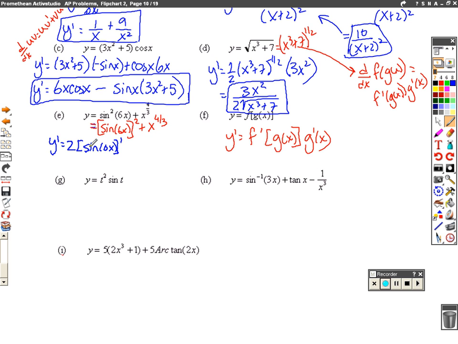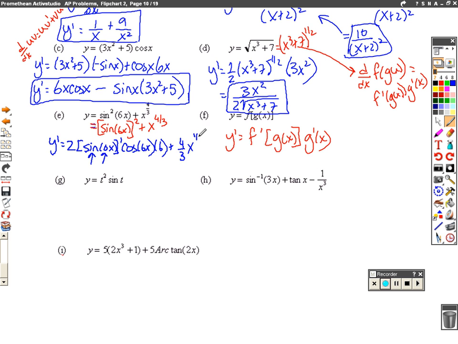Now I can work on the inside. The inside is its own chain. We've got an outside and an inside. So the derivative of sine is the cosine. Keep the inside the same. Times the derivative of the inside, 6x, which is just 6. Plus the derivative of x to the 4/3. Bring that power down. Reduce the power by 1.